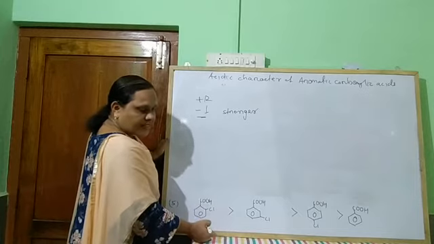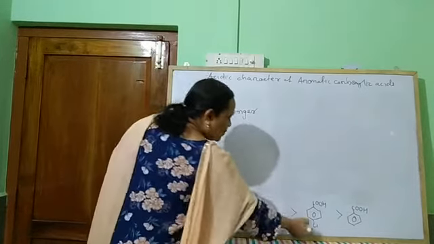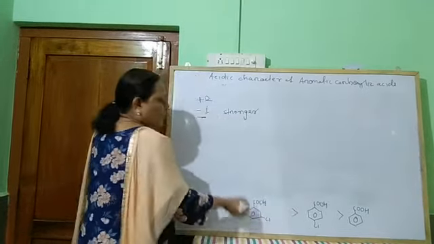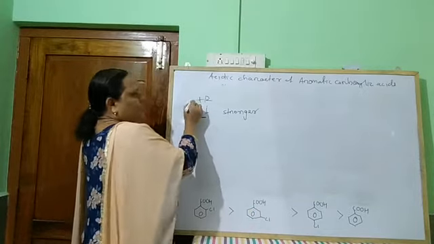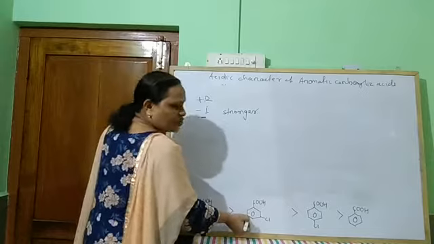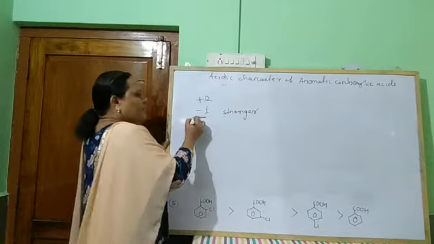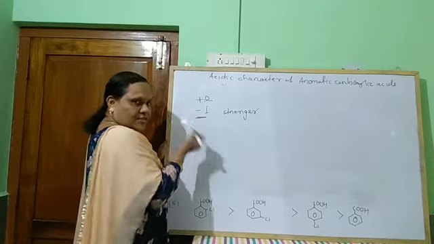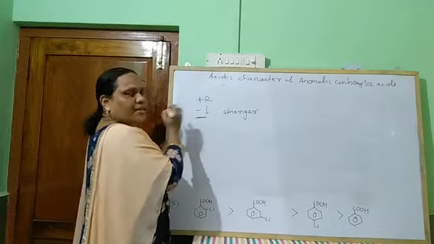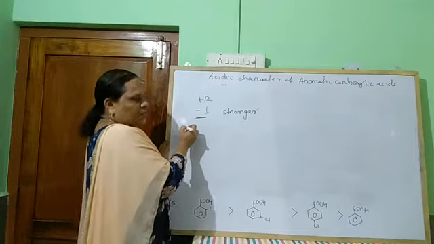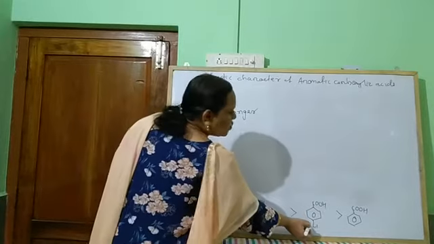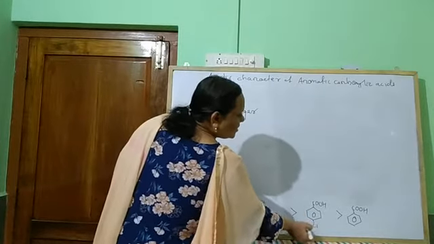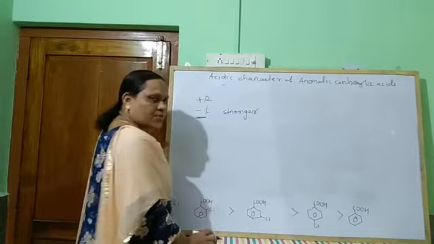This is stronger acid. And between these two effects, at meta position, only minus I effect is there. There is no R effect. In this way, this is stronger acid. And as minus I effect of chlorine is stronger than that of hydroxy group and methoxy group, due to the stronger minus I effect, this chloro group is stronger acid as compared to benzoic acid.